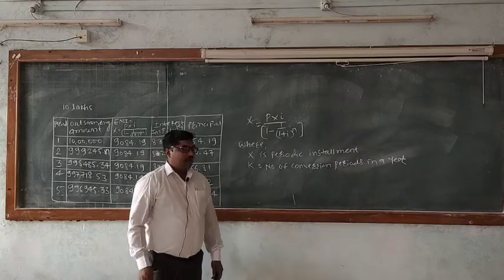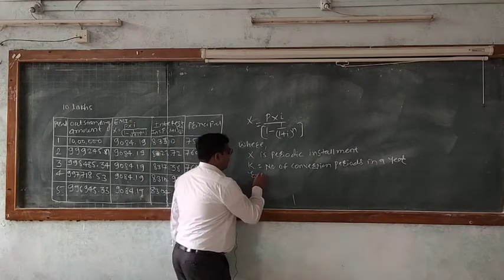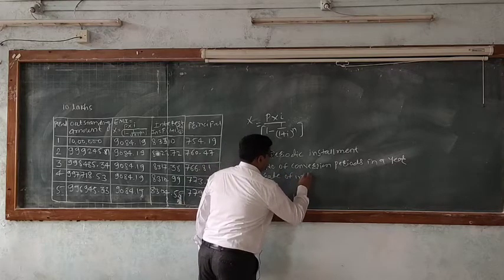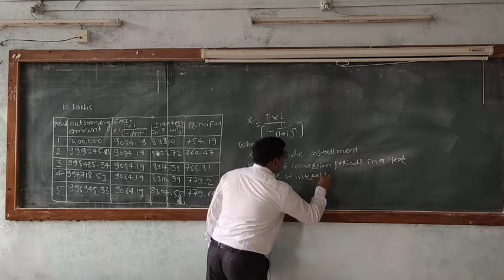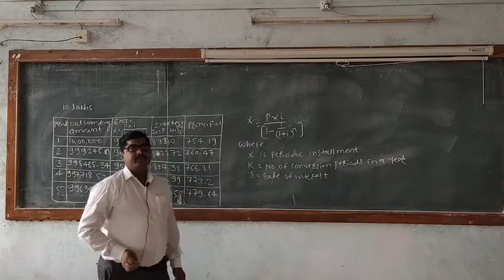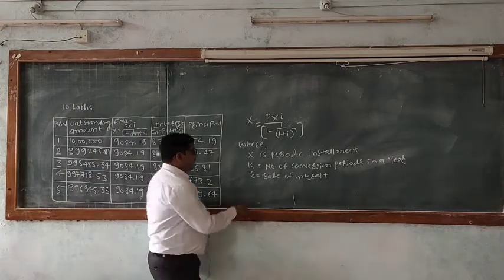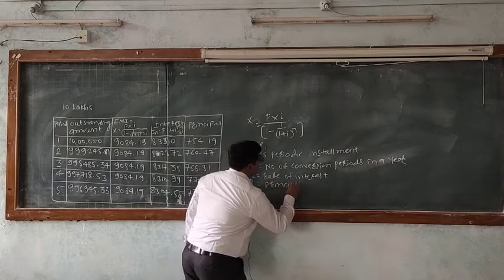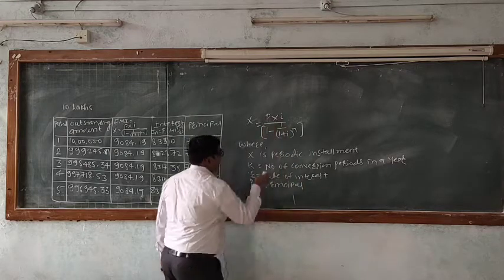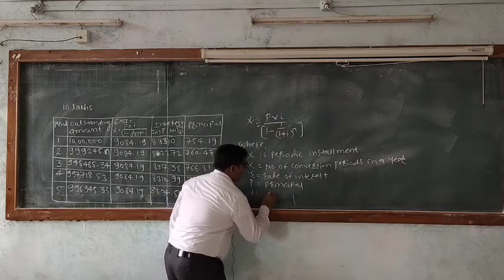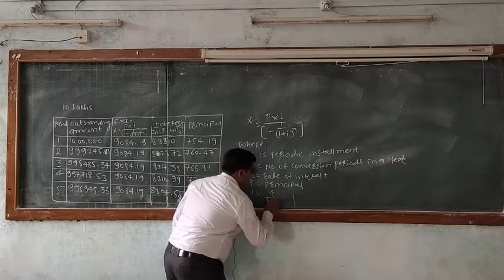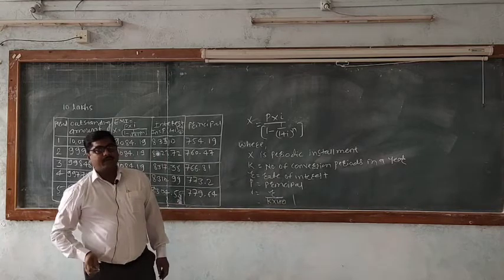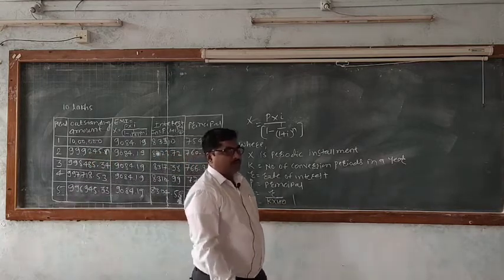Right. R is rate of interest per annum. Right. P is principal. Here I is what? I is R upon K into 100. Right. This is your I. Right, student.